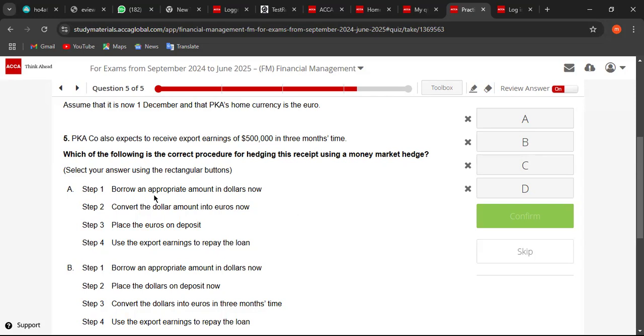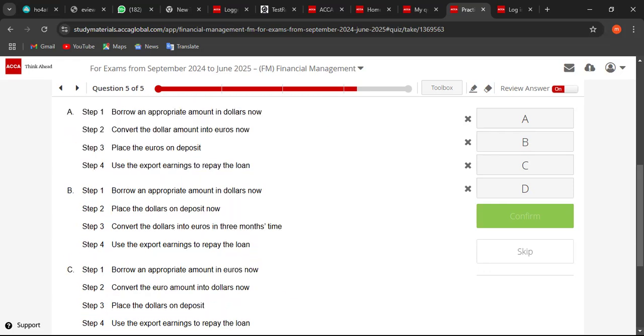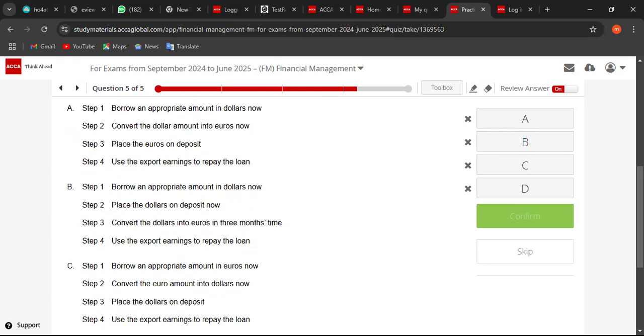So borrow an appropriate amount in dollars now, convert the dollars into euros, place the euros on deposit and use the exports earnings to repay the loan. Then another option: borrow an appropriate amount in dollars now, convert the dollars on deposit now, convert the dollars into euros in 3 months' time, use the exports earnings to repay the loan. So guys, which is the most appropriate?